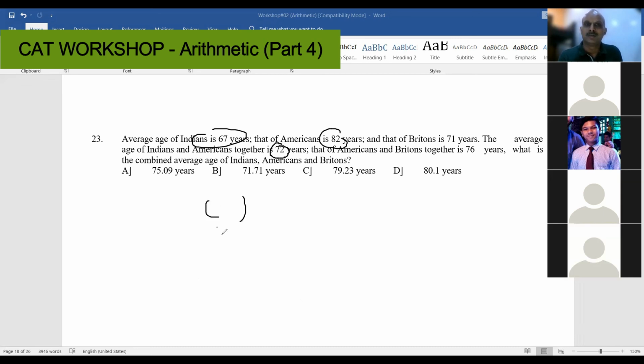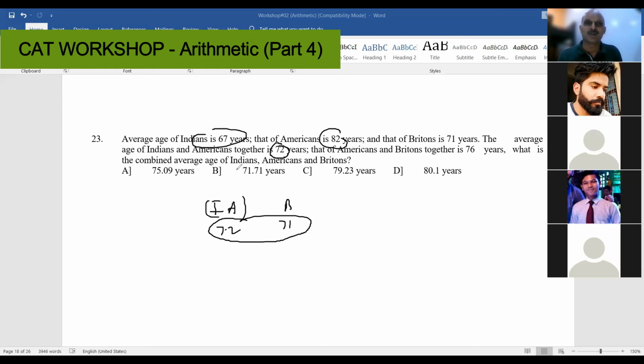This cluster is Indian and American, it is 72, to which if I add a Briton whose age is 71, the combined average will lie between 71 and 72. Yes or no? Yes sir. Yes, sir, this was better. It is far, far better.